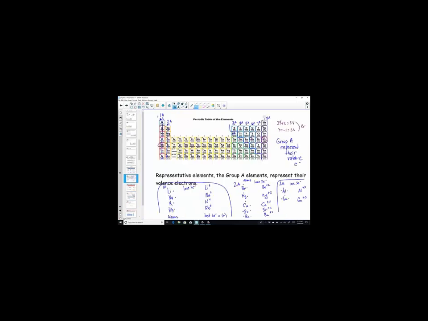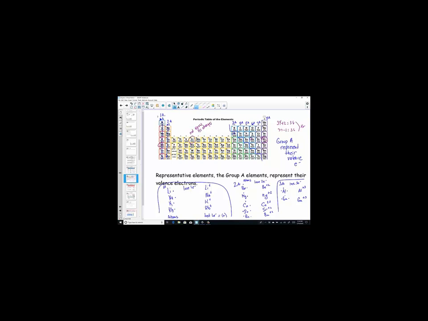For instance, the element chromium, the elemental symbol for chromium is Cr. If I were to look at the element chromium on the periodic table, I would not know its charge by where it lives. Because it's a short element in the middle, a transition element, I am unable to recognize its charge based on a periodic trend.